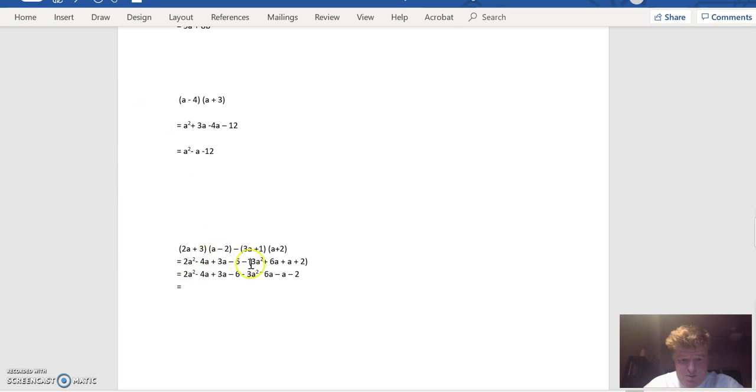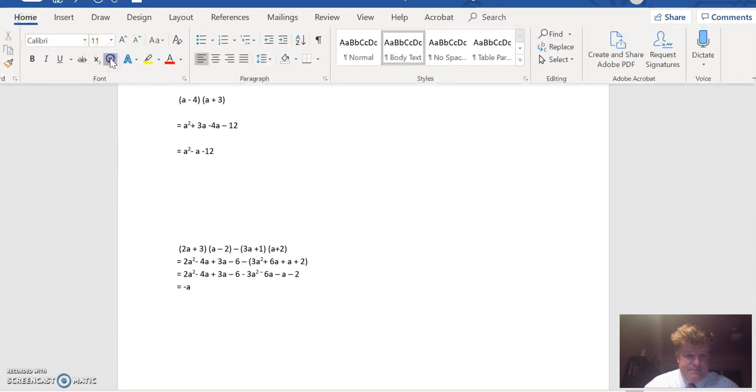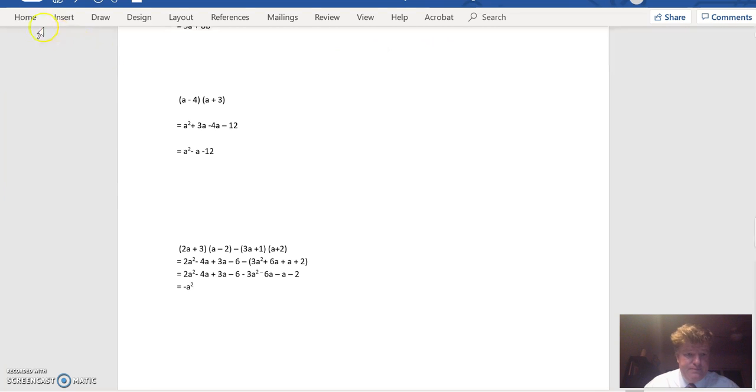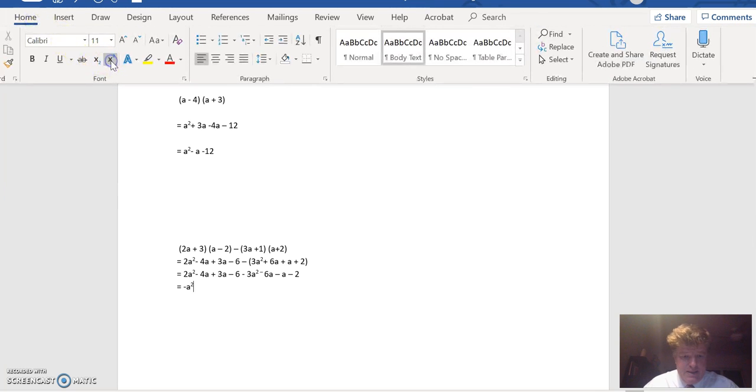Now we've got to put all the like terms together. We've got 2a squared minus 3a squared. So that's going to be a negative number, negative a squared. We've got minus 4a plus 3a. So that's going to take us to minus 1a.